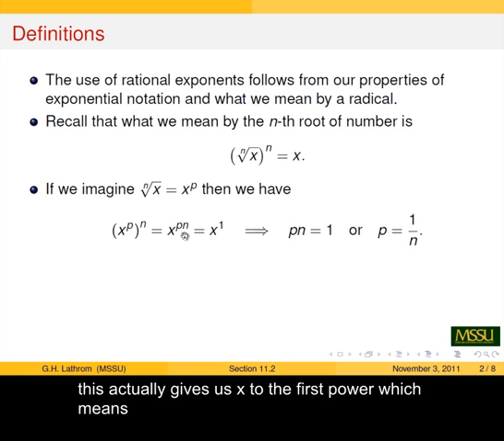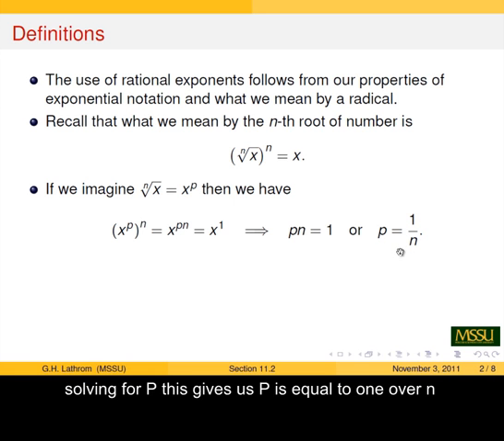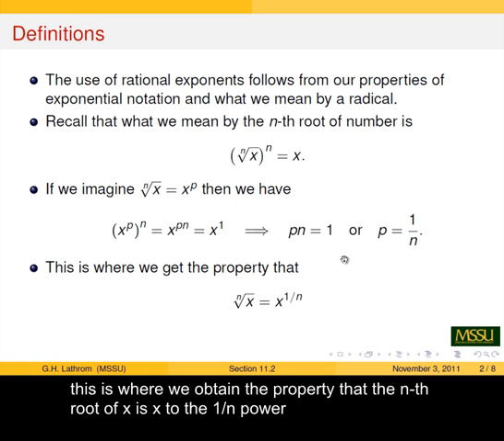So this means that p times n has to be 1. We simply say that the exponent on the left is equal to the exponent on the right. Solving for p, this gives us p is equal to 1 over n. This is where we obtain the property that the nth root of x is really x to the 1 over n power.